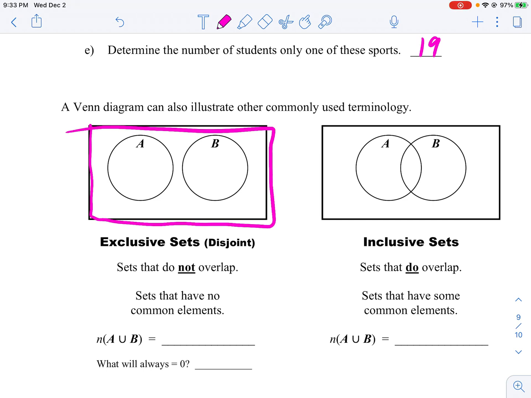So we would have 1, 2, 3, 4. And then if we included 10 to be there. So they both don't have anything in common as defined by their sets. They do not overlap at all.